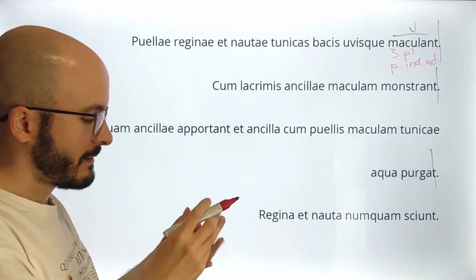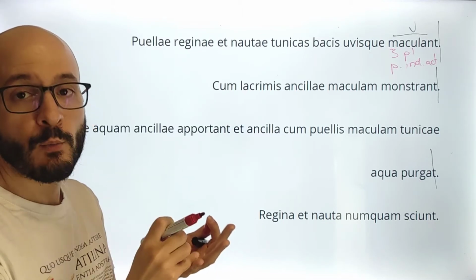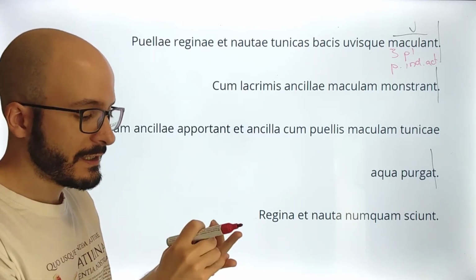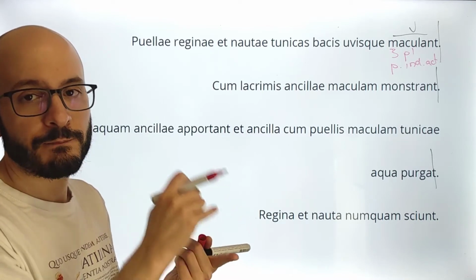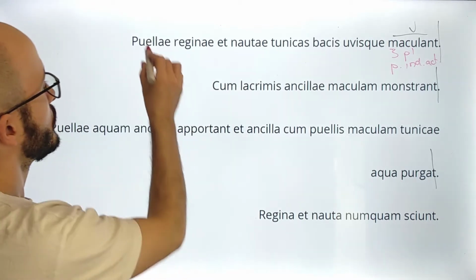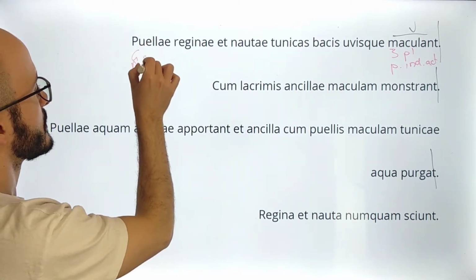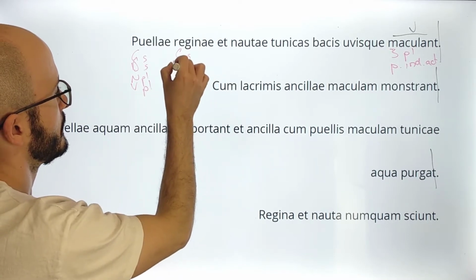So we can expect those complements. There's someone, subject, stains something, direct object, with something, the adverbial of instrument. Okay, so we start: genitive, dative, singular, singular, nominative, vocative, plural. The same here.